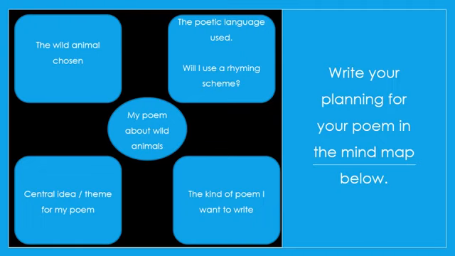It can be narrative, it can be lyrical, it can be descriptive. Okay, so narrative is if you're telling a story with your poem. Descriptive is if you're just busy describing a lot of things in your poem. Okay, so you guys are going to need to do a mind map like this, and you are going to need to write these points about your poem and the animal you have chosen to write your poem about.